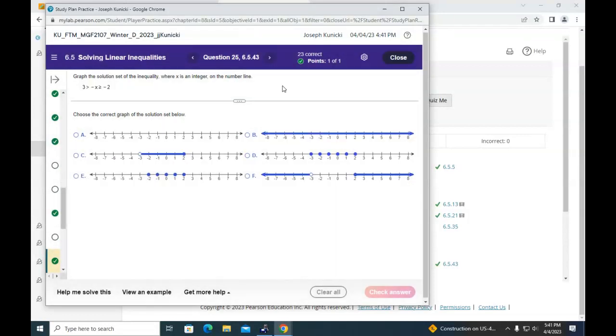Okay, now we have a double inequality. But notice that it's a negative x. It's stylized to make it look like it's done, but it's not, is it? You can tell the way it's written that it's wrong.